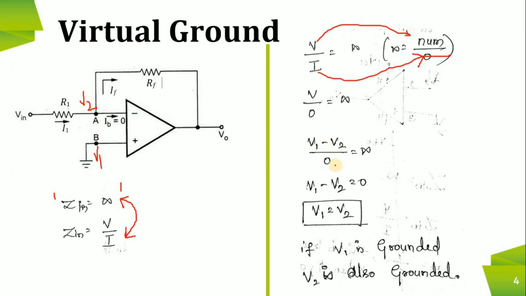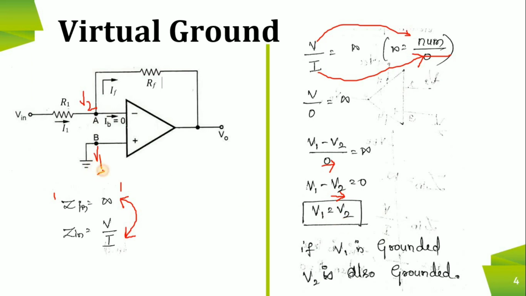Then V1 minus V2 divided by 0 is equal to infinity. So now let me push the 0 to the right hand side. Infinity into 0 is 0. So V1 minus V2 is equal to 0. If I take V2 to the other hand side, it becomes V1 equal to V2.